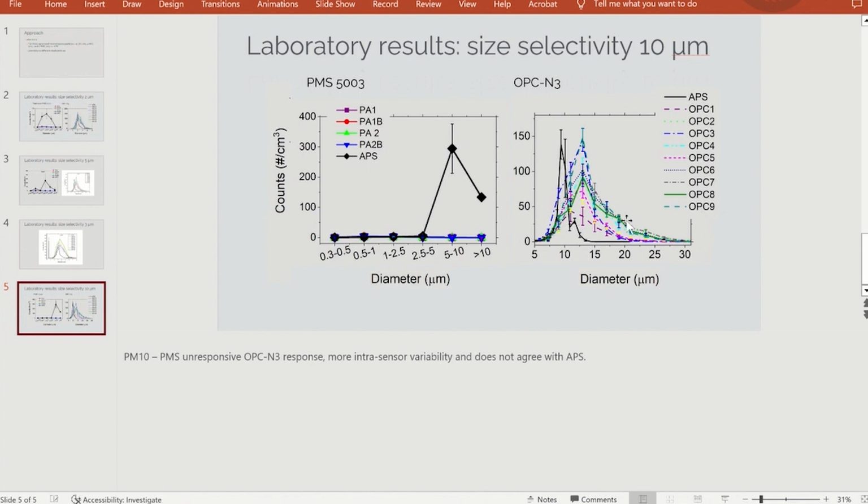And you can see the Alphasense OPCs were actually reading it first. They oversized it. This is the counts, number per centimeter cubed, and you can see there's some instrument variability, but the main point is that it actually detects particles in this size range. It kind of overestimates them.